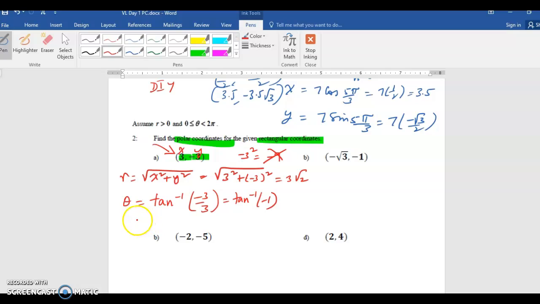Okay, so the actual answer for this would be 3 root 2 and 7 pi over 4, which is in the fourth quadrant. It could be 3 pi over 4 also, but the point is lying in the fourth quadrant. That's why. Okay, so likewise, this would be in the third quadrant. And this also in the third.